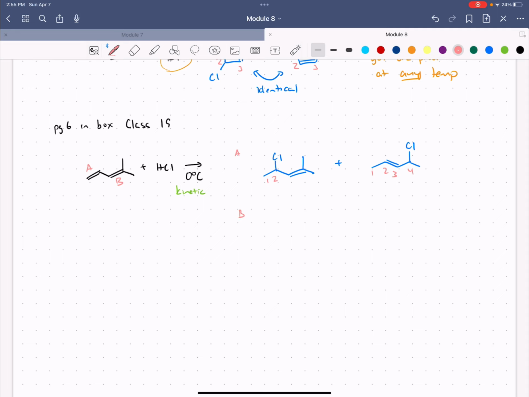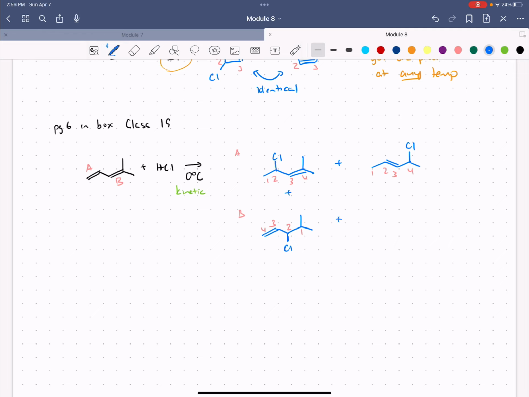For double bond B, you do have to draw, looks like all 4 products. It doesn't look like any of them will be identical, but we'll double check. Double bond B, the numbering goes in the opposite direction because we start out with double bond B on the right. So that's a 1,2. Okay, you see how that's a 1,2 addition?